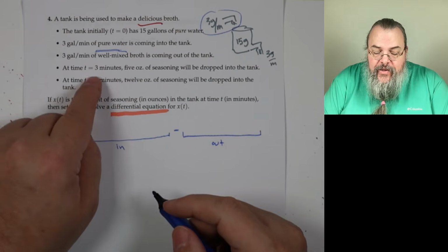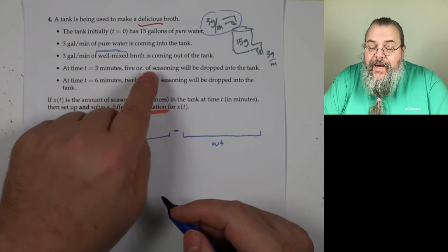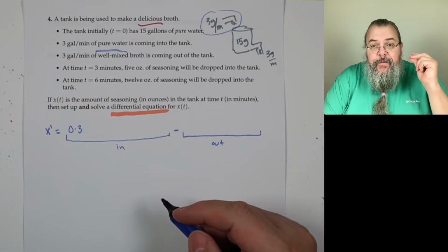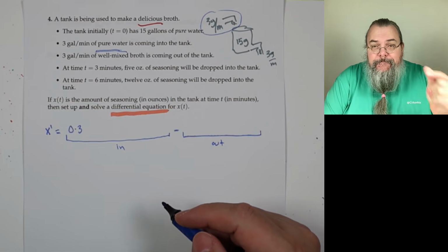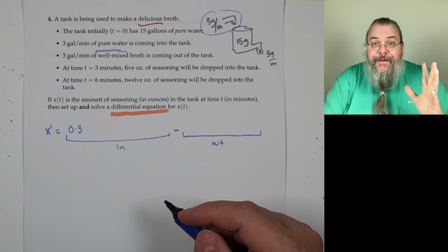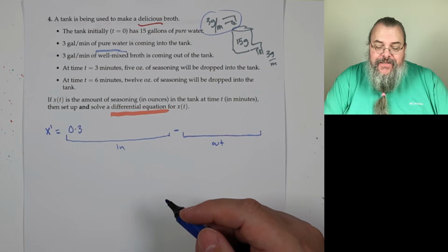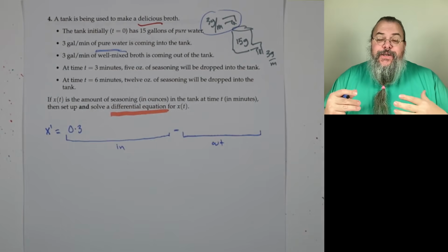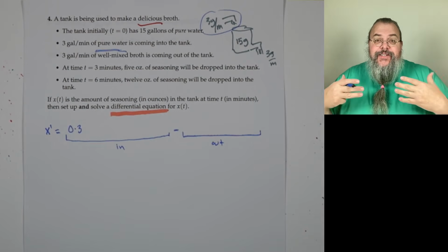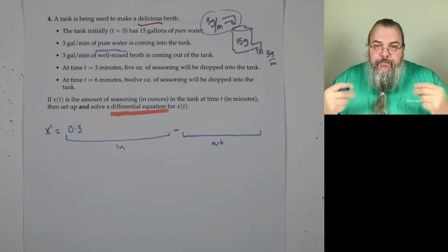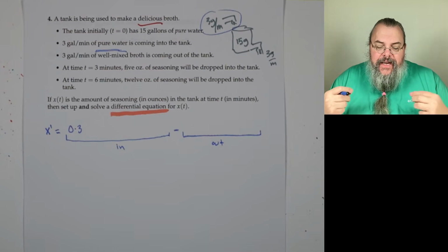Then we say, at time t equals 3 minutes, there's 5 ounces of seasoning. Now, remember we said it was a snap, right? We just drop it and it's done. So how do we capture that kind of an action? Well, that's the delta function. That's a burst, a momentary action.